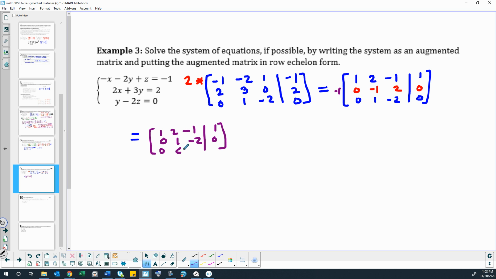And -1 plus 1 is 0, and 2 plus -2 is 0, and then 0 plus 0 is 0. So here's where we get our row of zeros. When that happens, our row of zeros means that there are infinite solutions. So this is a dependent system, which is infinite.